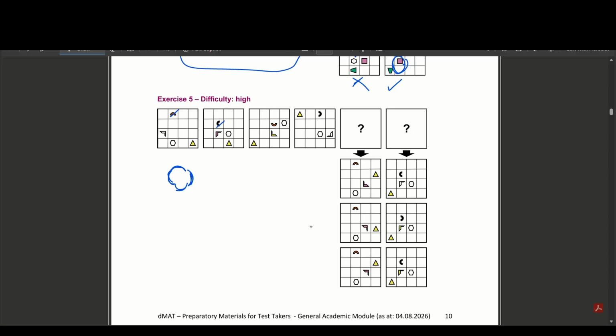Up, down, first up, then down, then right, then again up. So after this figure, there would be left. Okay, this is the total sequence that we are following.